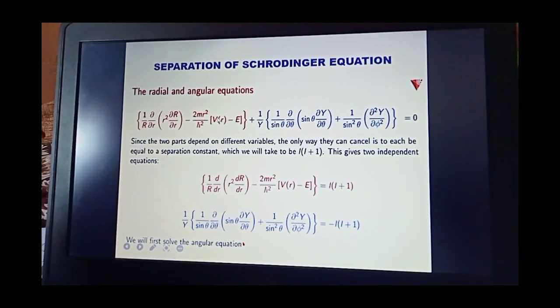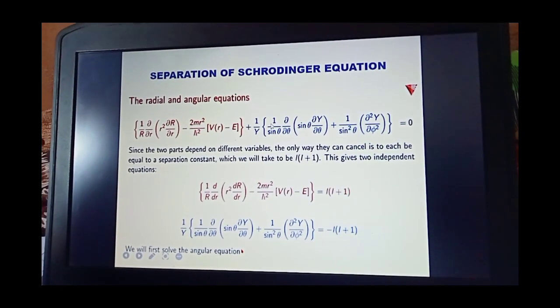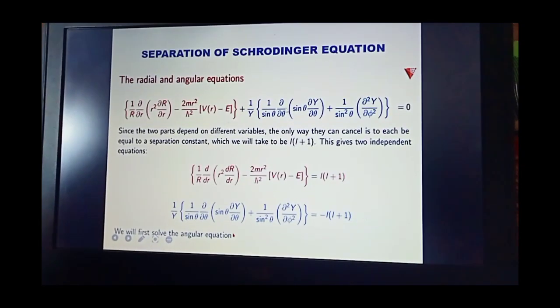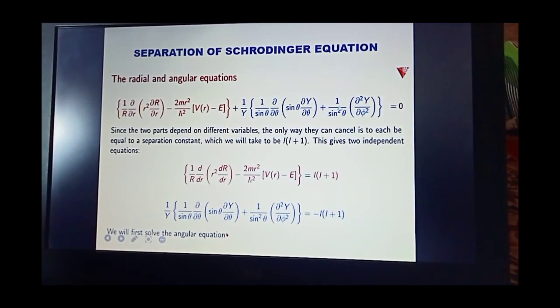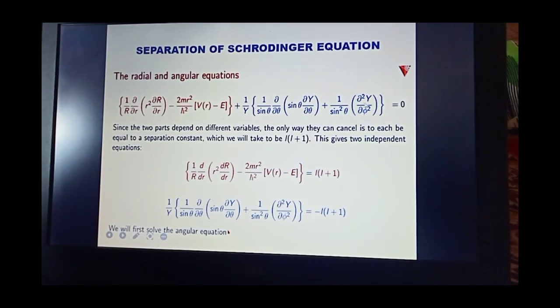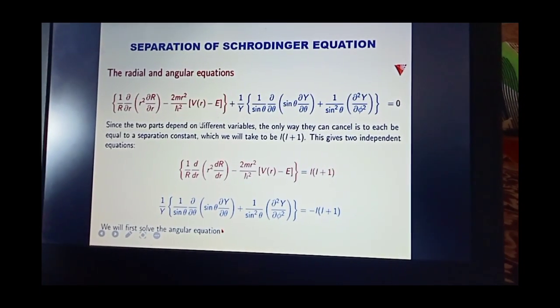This is our radial equation, and our angular equation is plus 1 by Y into 1 by sin θ ∂/∂θ of (sin θ ∂Y/∂θ) plus 1 by sin²θ ∂²Y/∂φ². This is our angular equation, which is equal to 0.